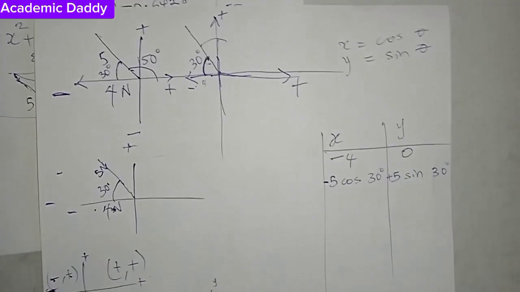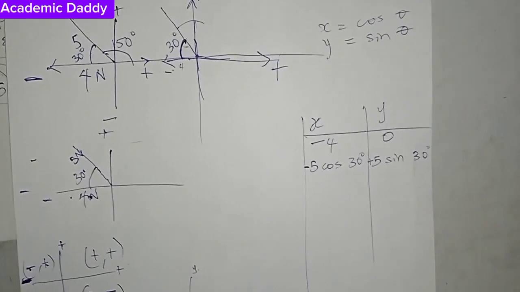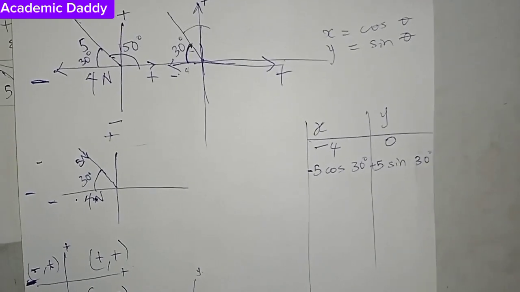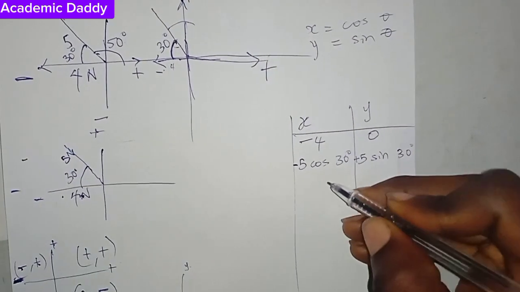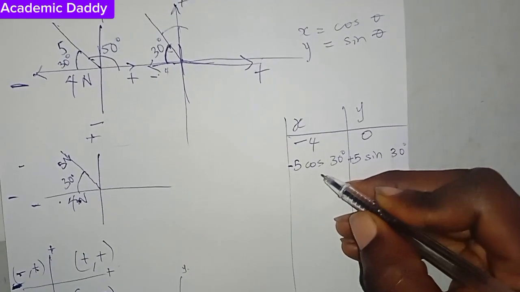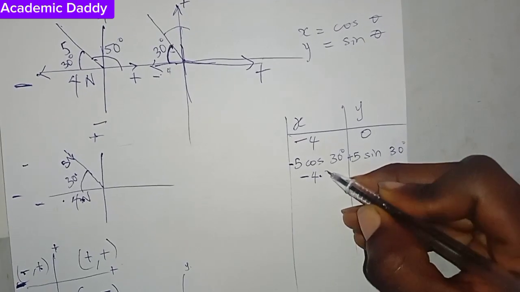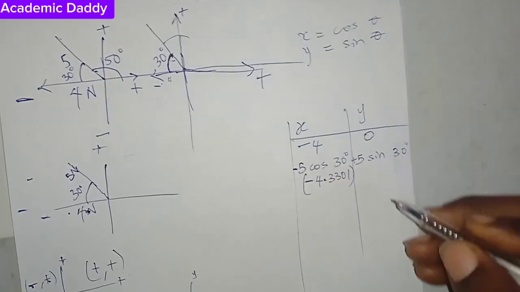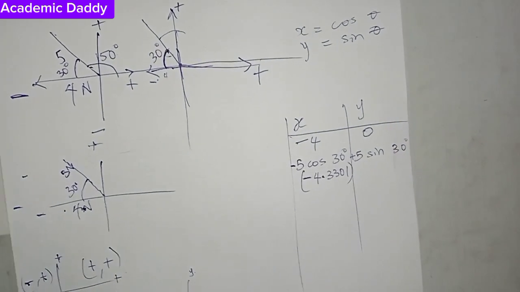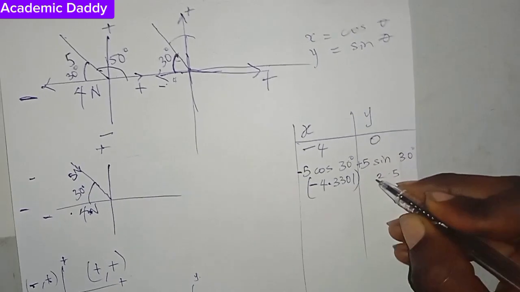So I now go back to business. So I'll now say 5 cos 30 is 4.3301, but it's having minus, so it will be minus 4.3301. So 5 sin 30 is 2.5.